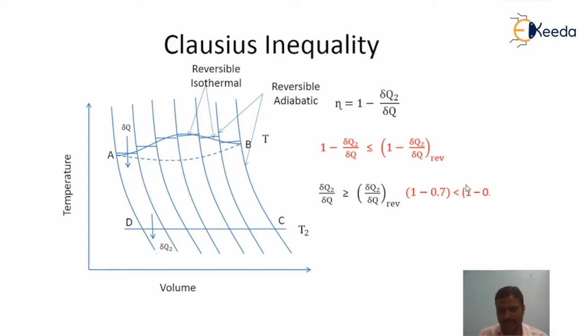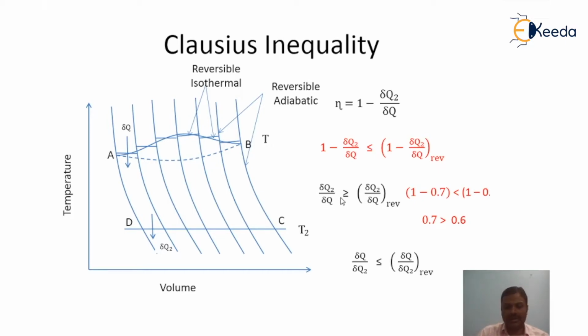So this is true. But if 1 and minus symbol are removed on both sides, we will have 0.7 and 0.6. Obviously 0.7 is greater than 0.6. In that way this term has been obtained.